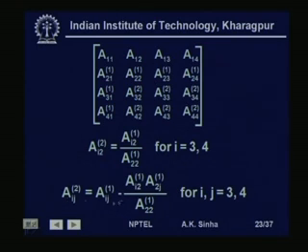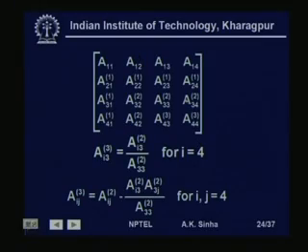So, these elements are given by this. Again, when we process the third column, we can process this. So, we will get these elements, this and this element, this element and this element here using the same relationship.